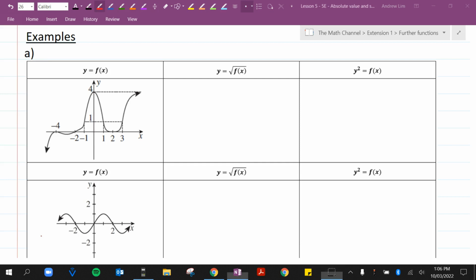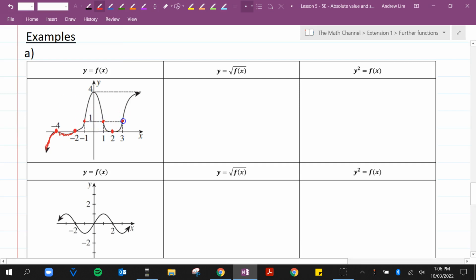So all of these y values that are negative, we can't square root them. However, we know that we can square root 0, and the square root of 0 is 0, and at these 3 points, the y value is 0. We also know that the square root of 1 is 1. So at these 3 points, they all have a y value of 1, and the square root of 1 is just 1.